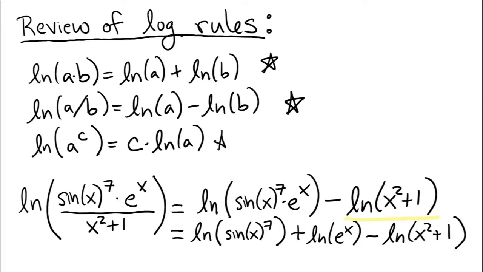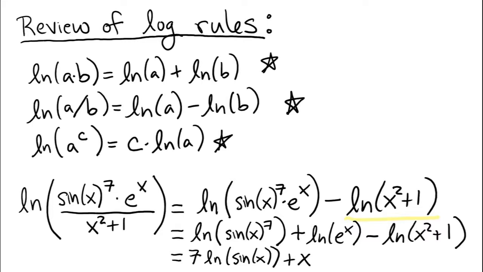And now it's time to use the last rule, which is about powers. Both of these first two terms have a power. So you can bring it down outside. This 7 comes outside to get 7 ln sine x. And this second term here, ln e to the x, that x comes down, and then you have ln of e, which is 1.